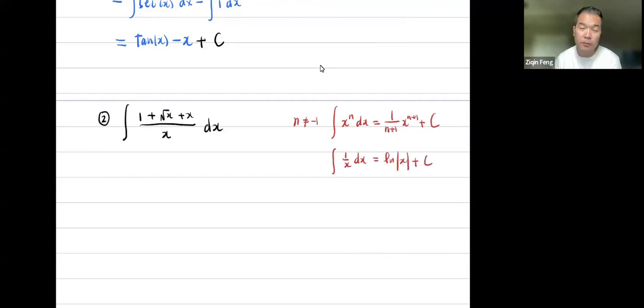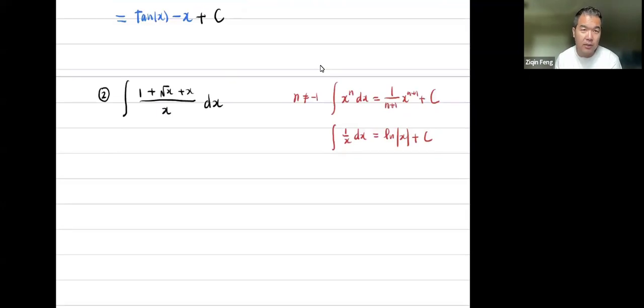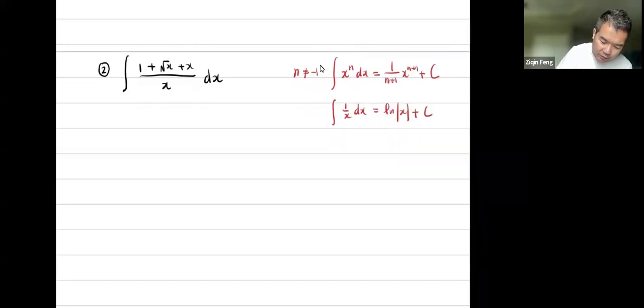So those are two functions. We know their antiderivative, right? So let's try to split our function into three terms. We can make it into smaller functions we know how to integrate. So this is equal to the integral of 1 over x plus root x over x plus x over x dx, split it.